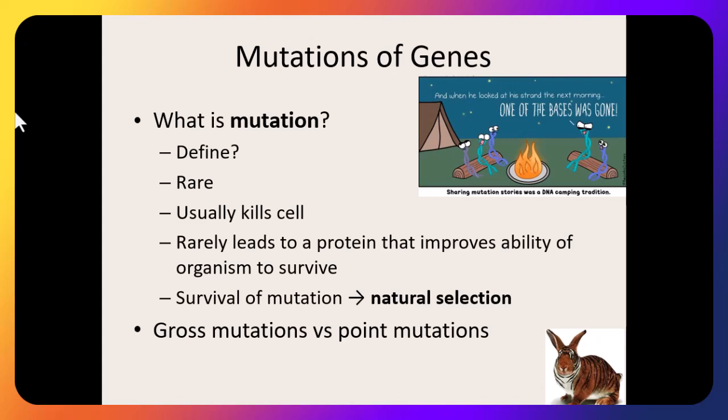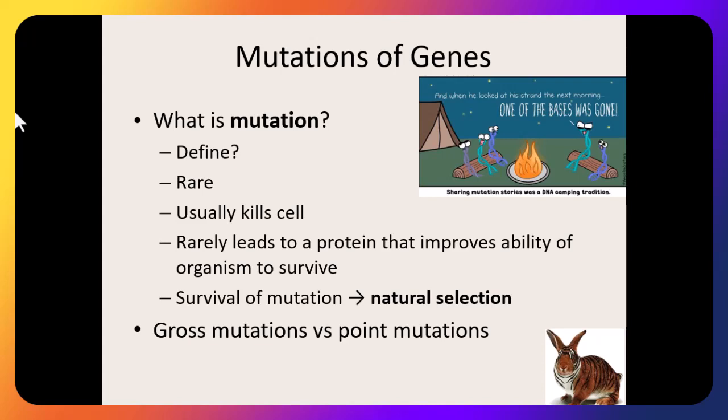Usually change is bad. Very rare, like 1 in a million, maybe 1 in a billion times that you change a DNA sequence and it codes for something new that's actually an advantage. This is when we get into, if it codes for an advantage, then you get natural selection. If it's something that can then get passed on. Like that change in DNA stays and it can get passed on. Natural selection.